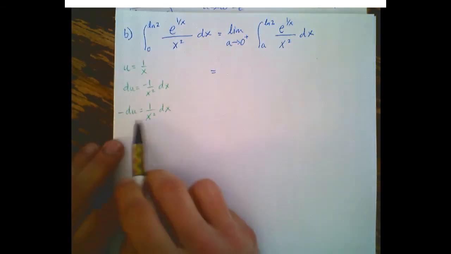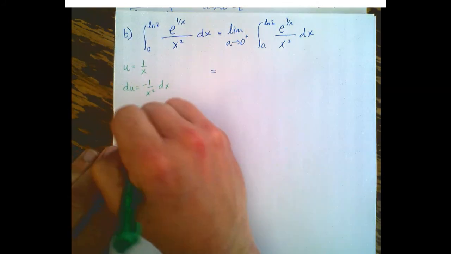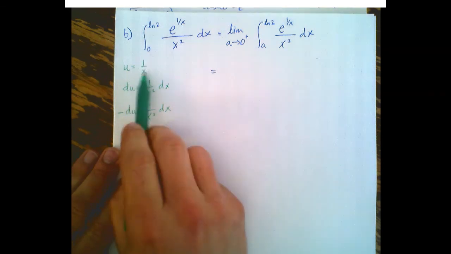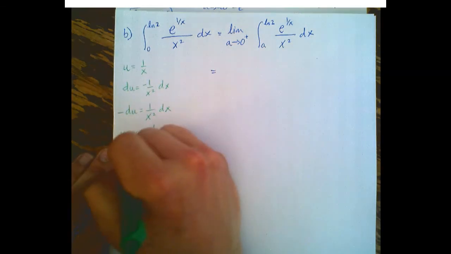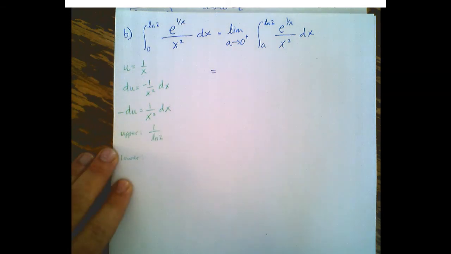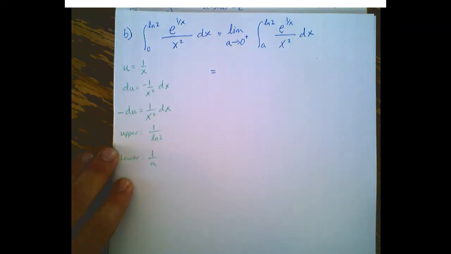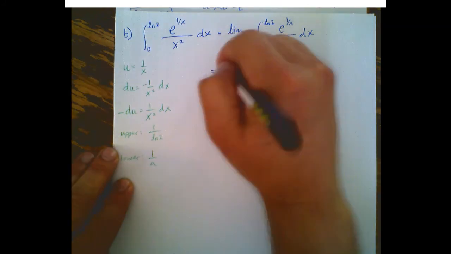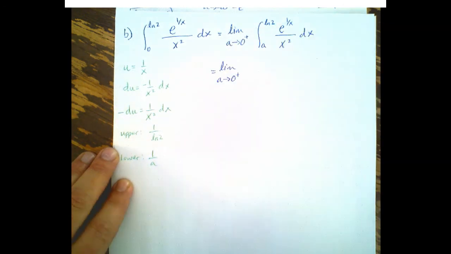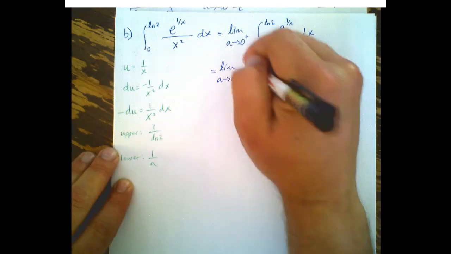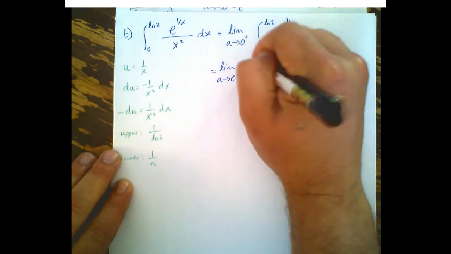Alright, so let's go ahead and get our bounds as well. Our upper bound becomes 1 over the natural log of 2, and our lower bound becomes 1 over a. So you have the limit as a goes to 0 from the positive side, of the integral from 1 over a to 1 over natural log 2.